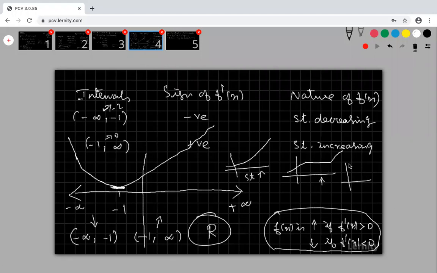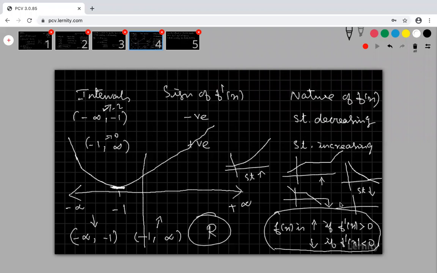But look at this function, it is only decreasing. So this is strictly decreasing in the entire real numbers. But this function is decreasing, stable, and decreasing again, so this is decreasing only.